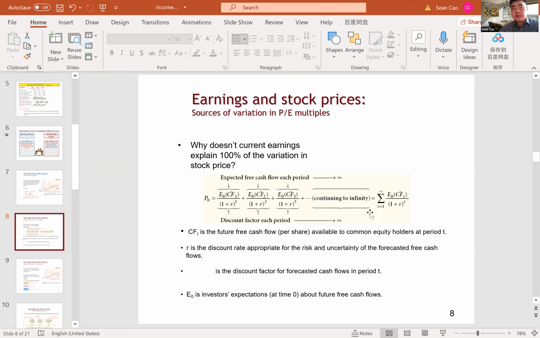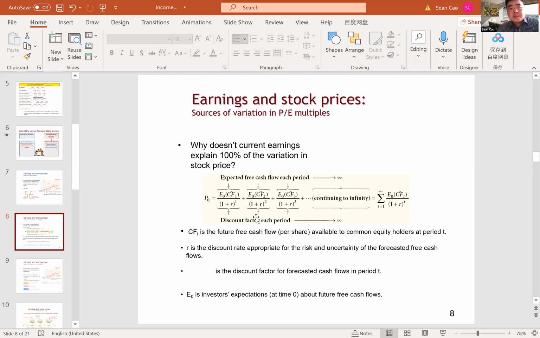The idea here is you discount each period's cash flow to the present. You discount the cash flow at period 1 to time 0, discount the cash flow at period 2 to time 0. So you discount all the future cash flow into the present, and the present value of all the cash flow is the stock price in a fundamental way.